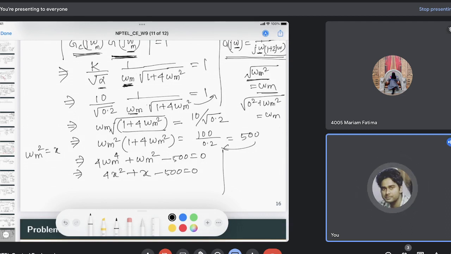So x, or omega m square, is 11.056, and the other root is minus 11.306.